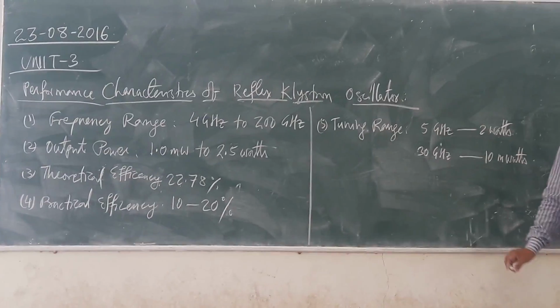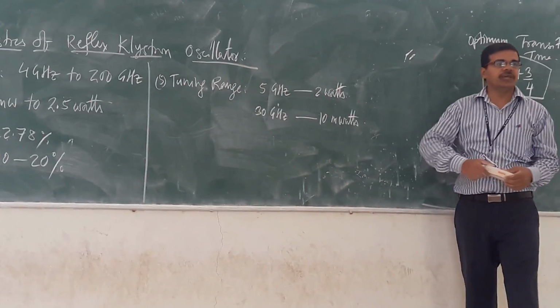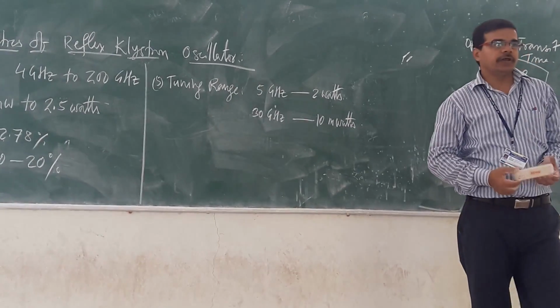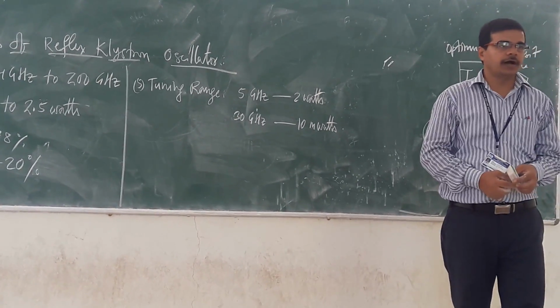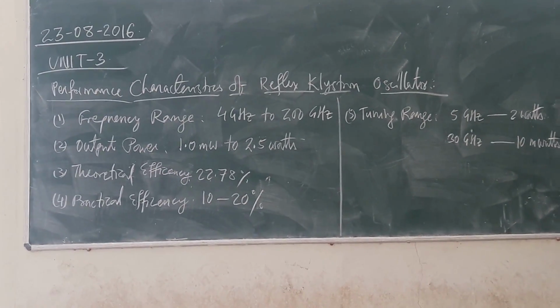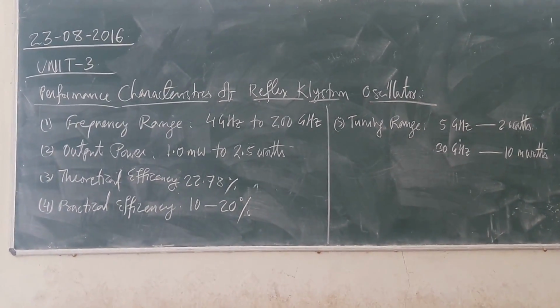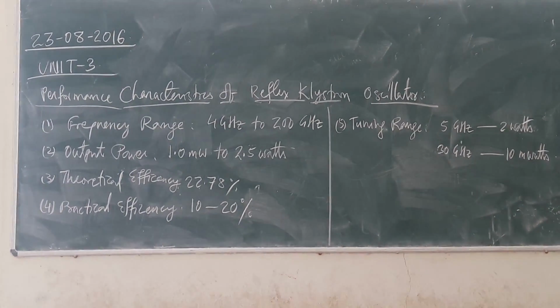Okay. Characteristics of your reflex klystron oscillator. Here you are having the frequency range of 4 GHz to 200 GHz. So 4 GHz to 200 GHz is the frequency range. If you are going for the output power, you are having 1 milliwatt to 2.5 watt.